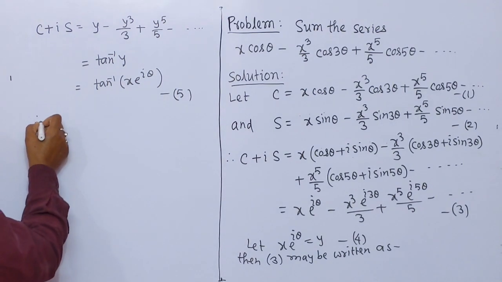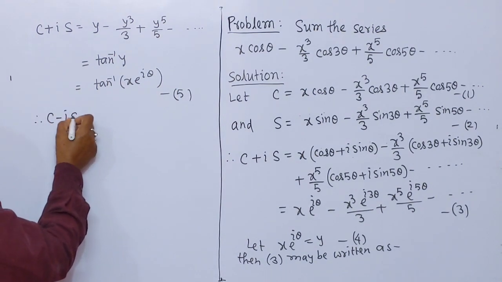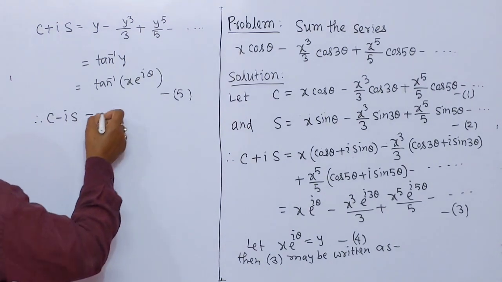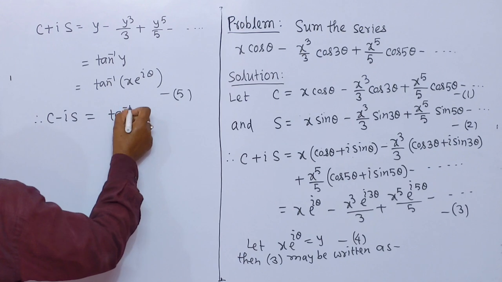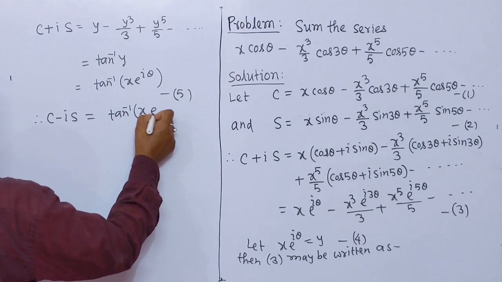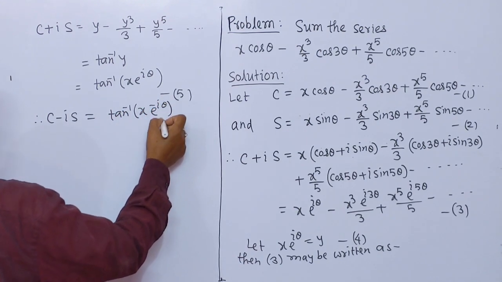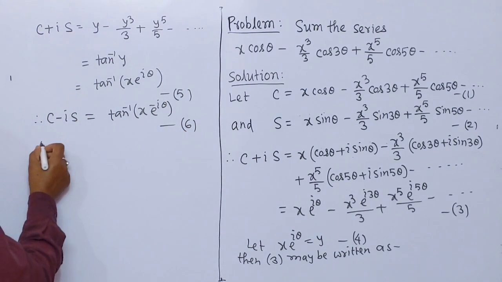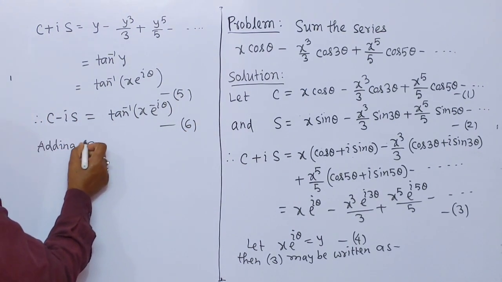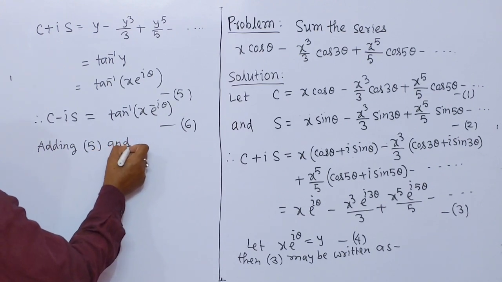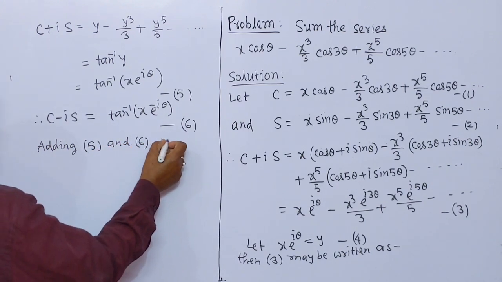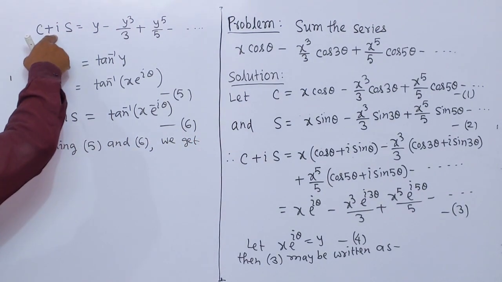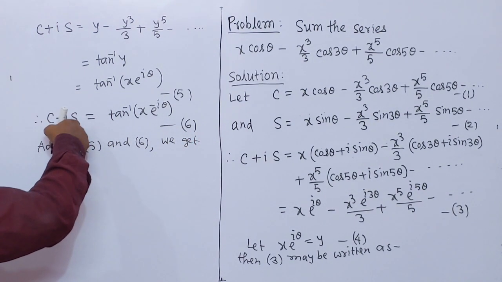Therefore, the conjugate C minus iS: in place of i, we write minus i. Tan inverse x e to the power minus i theta. This is number 6. Adding 5 and 6, we get, here plus iS and minus iS cancel.